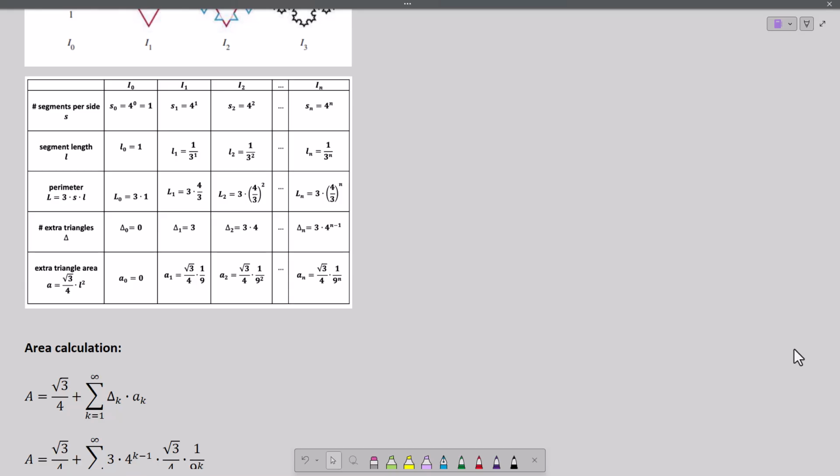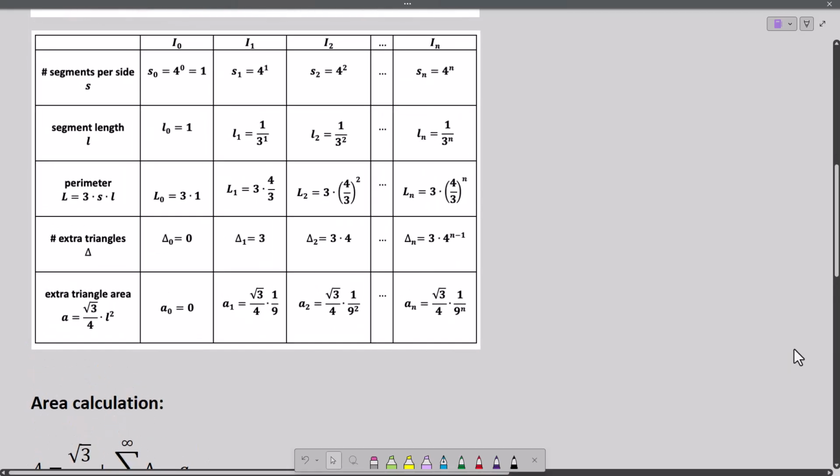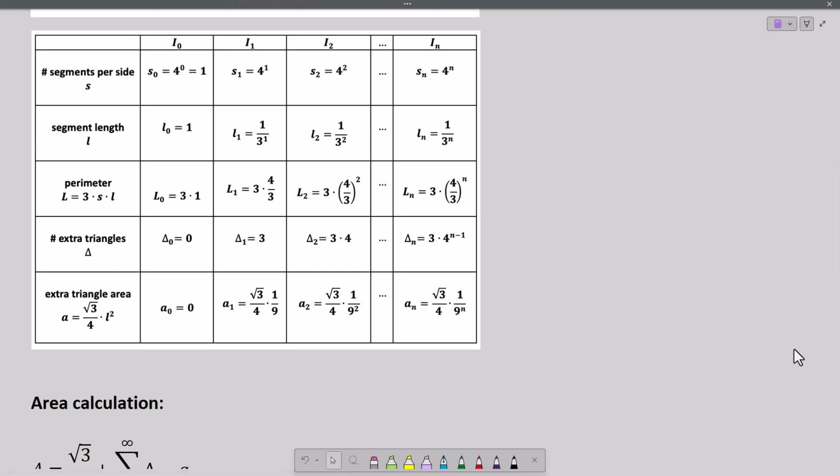So that is the general formula right there for the perimeter. That's a geometric series. The R value is larger than 1. We know that with the geometric series, if your common ratio is larger than 1, the series or the sequence, let's think of it as a sequence in this case, the sequence is going to diverge.